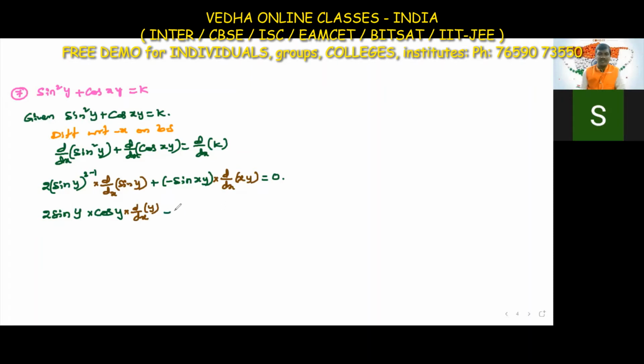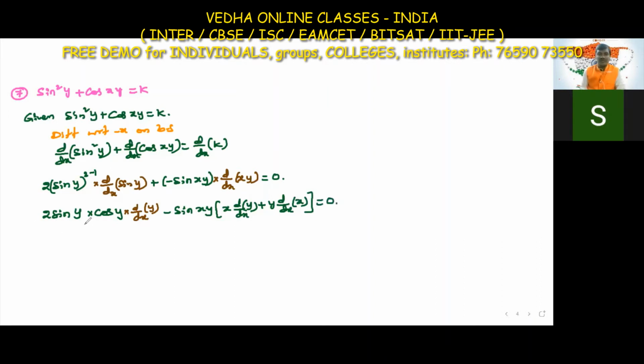And minus sine xy into d by dx of xy, by the uv formula: x is outside and d by dx of y, plus y is outside and d by dx of x, and that is equal to 0.